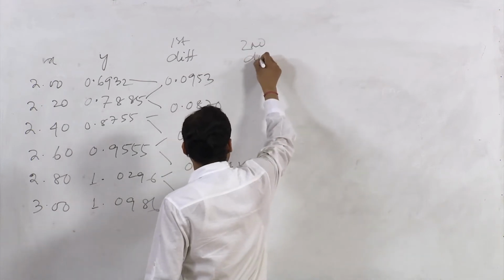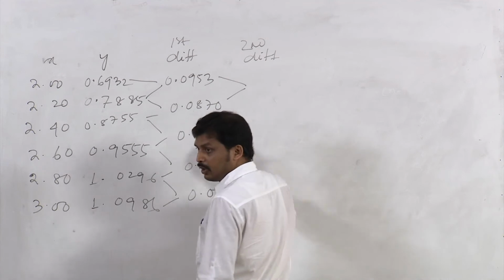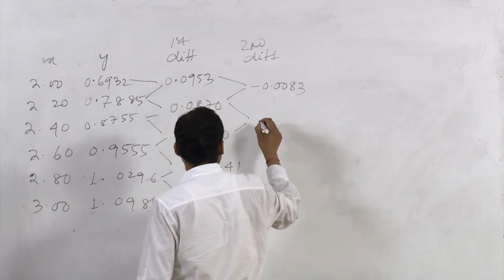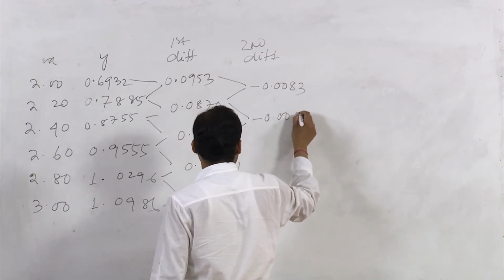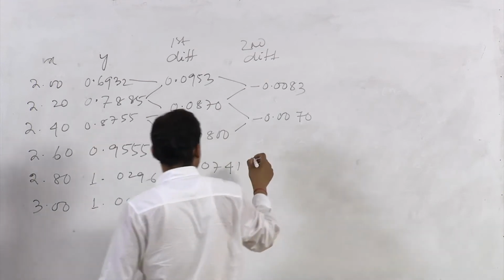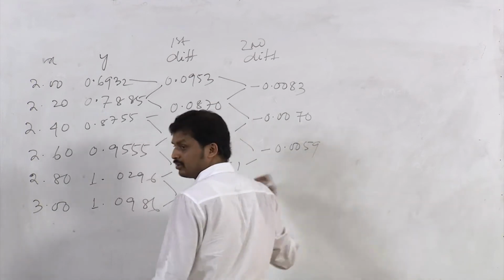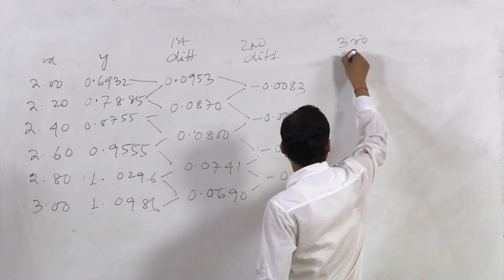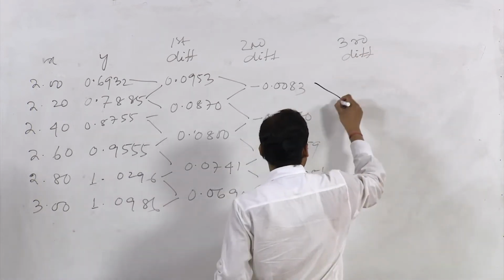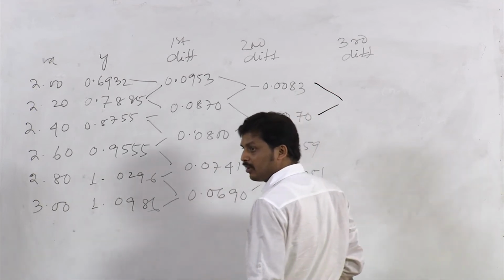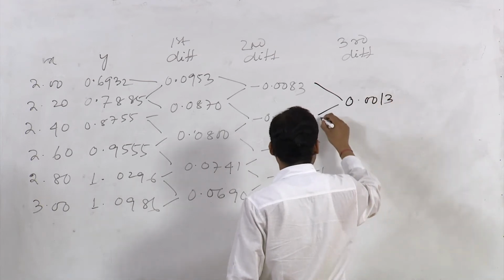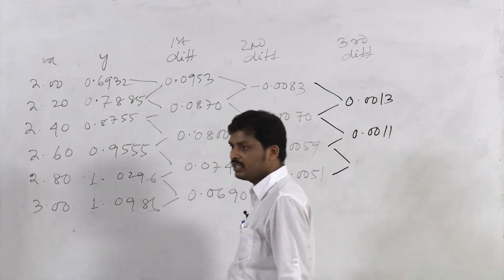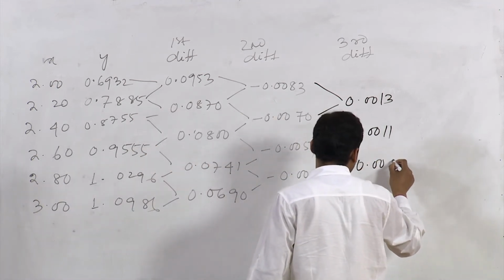Similarly, for the second differences, we take the differences of these values, which come as minus 0.0083, then minus 0.0070, then minus 0.0059, and the last one minus 0.0051. For the third differences, we take the differences of these, which gives 0.0013, then 0.0011, then 0.0008.